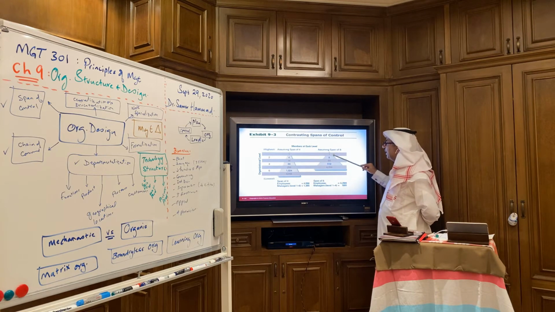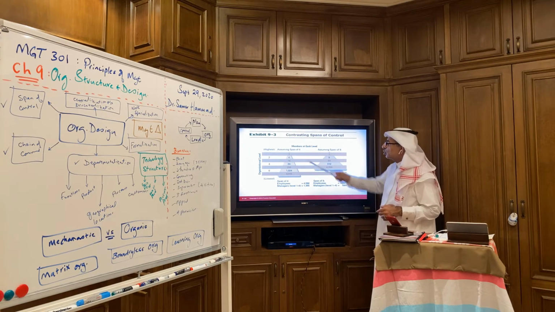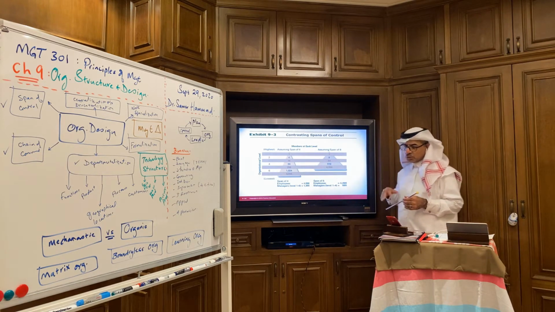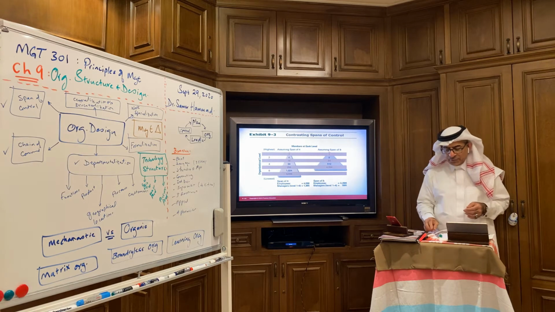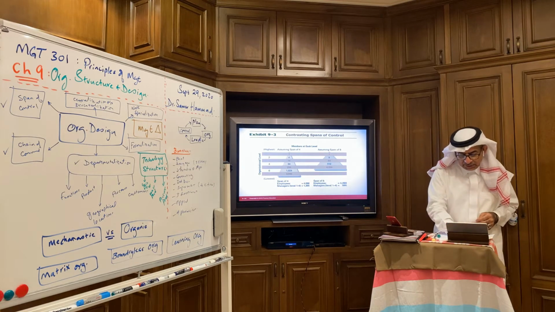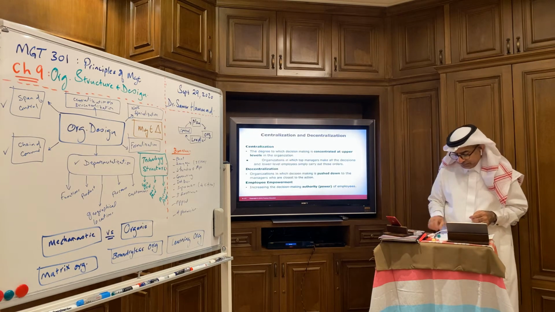If you have a span of control of 8, you get 1, 8, 64, 512, and 4096, so you will get that span of control with fewer levels. This is a tall organization, and this is more of a flat organization. This is just to give you an idea that if your span of control is narrow, you will have a tall organization. If it is big, you will have a wider organization.